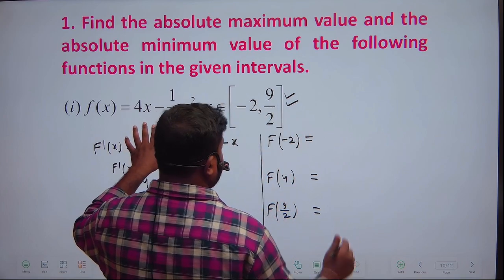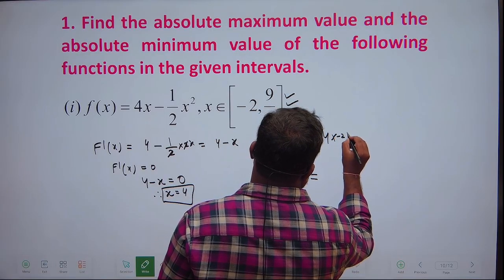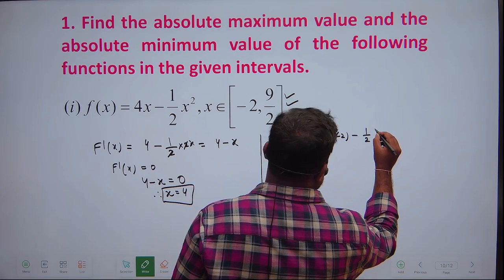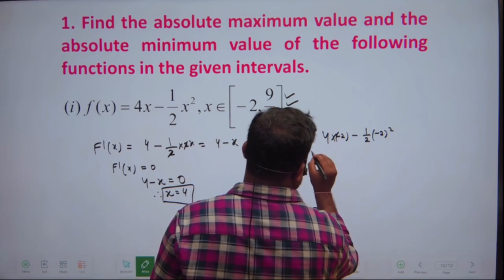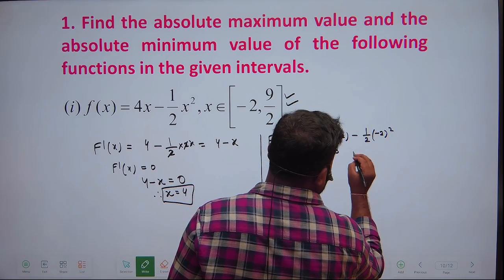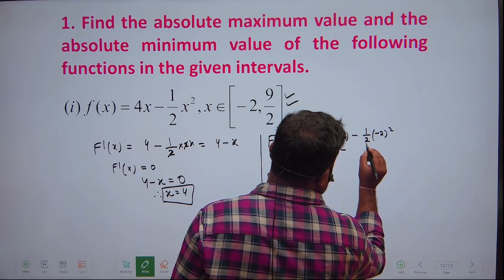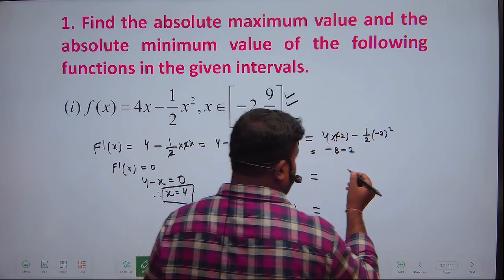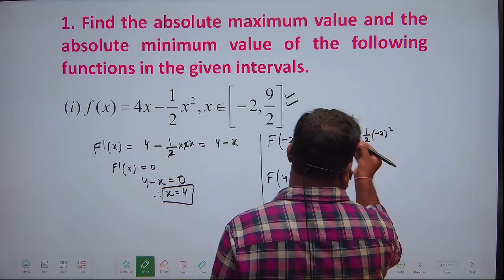See, 4 times minus 2 minus 1 over 2 times minus 2 squared. You solve, it becomes minus 8, minus of 1 over 2 times 4, cancel out 2 to 4, and the sign is minus.